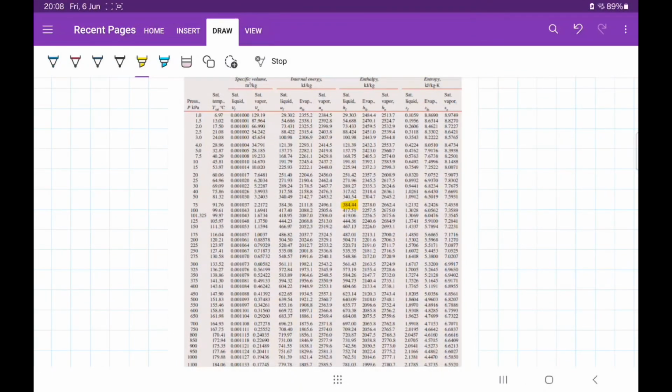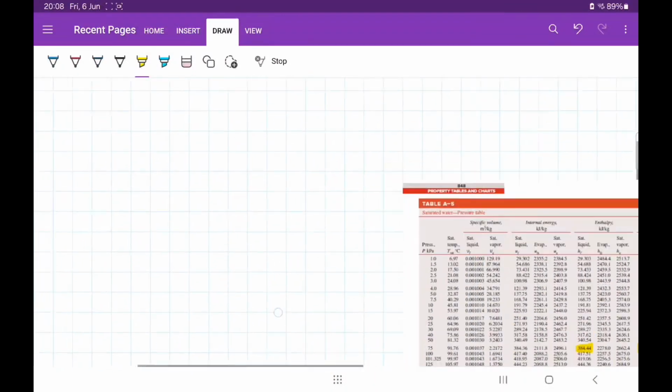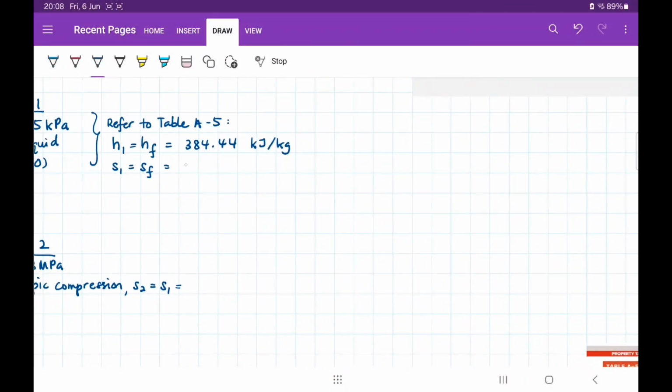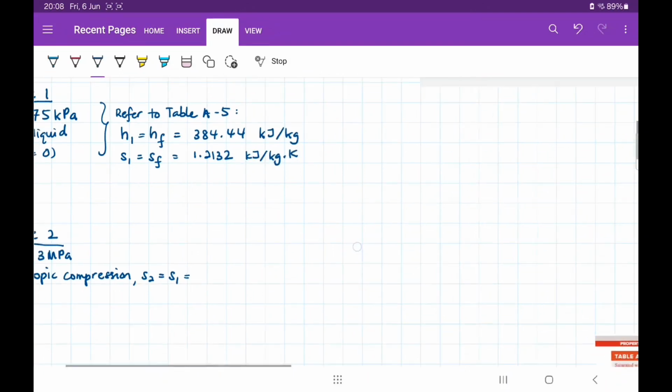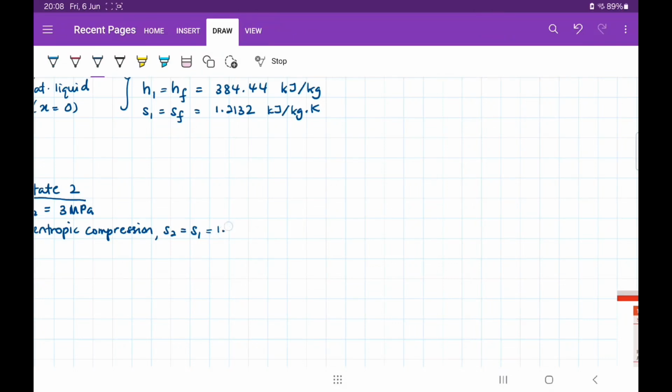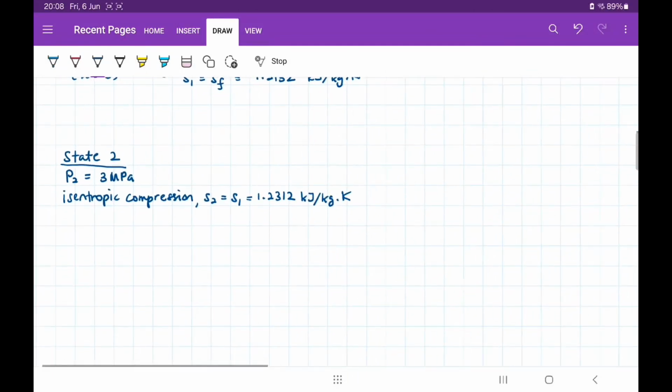The entropy would be equal to the entropy of the saturated liquid, so we have 1.2132 kilojoule per kg Kelvin. Okay, and then we also know that what we have is a compressed liquid.